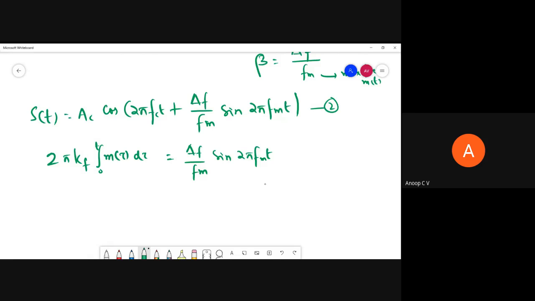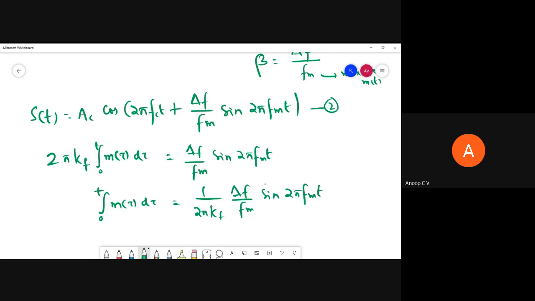So from this we have integral 0 to t m of tau d tau is equal to 1 by 2 pi kf times delta f by fm sine 2 pi fmt. Now if we differentiate on both sides with respect to time, on the left hand side, differentiating the integral 0 to t m of tau d tau with respect to time, you will get m of t.